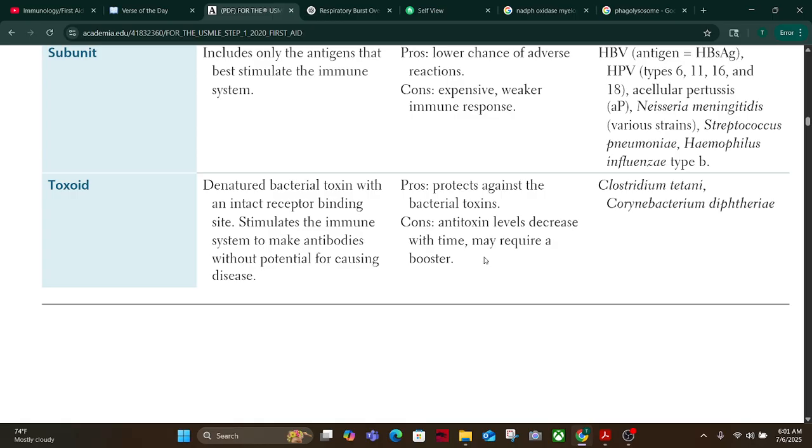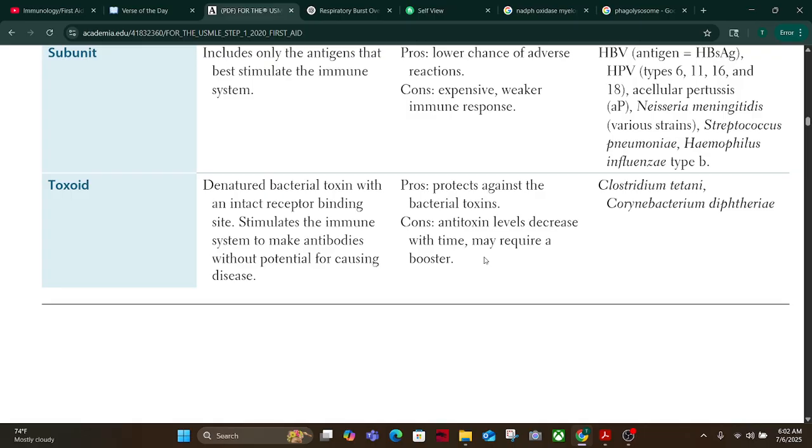So the con of the toxoid vaccine is that these antitoxin levels can go down over time. Then if the antitoxin level goes down, there's nothing to bind to the bacteria and stop its bad effects.